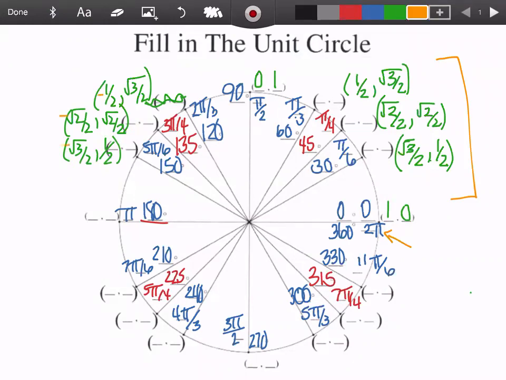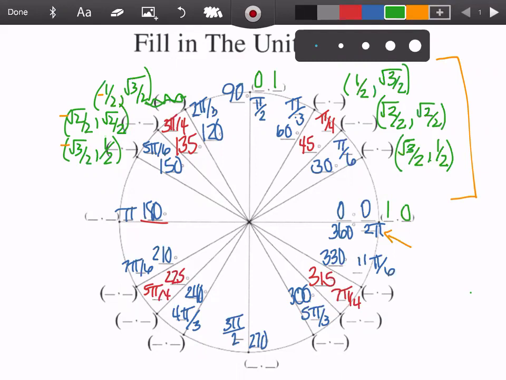So all of these first coordinates have to be negative, but y is positive, so you're fine. I'm going to go through and fill out all these points, and then we'll assign signs to the x and y coordinates.